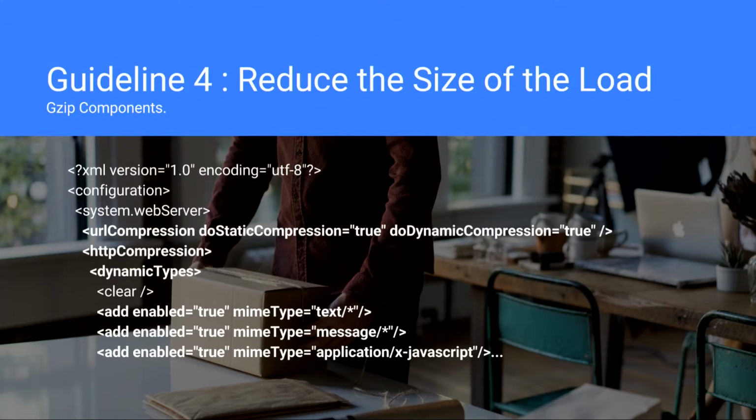You can configure what's compressed off the default by going into the web config file in the web server section, turning on static compression to make sure that it's on, and you can tell it what type of files to compress. Here we're doing text, anything that's a MIME type of message, anything a MIME type of JavaScript. It's going to take that and compress it. You don't want to compress image files. Does anybody know why?